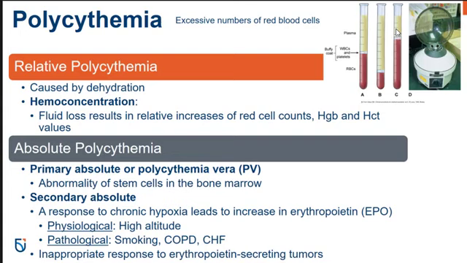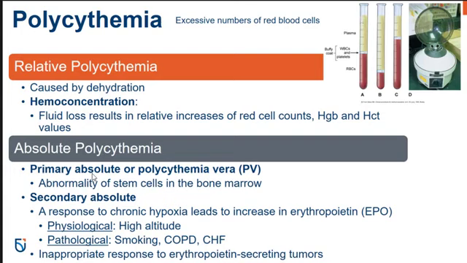It's because there's less of the percentage of your plasma, which makes it appear that there's more red blood cells, but there's not actually really more red blood cells that are being produced. So this occurs in states of dehydration, and that's why it's called relative polycythemia. So if you fix the fluid loss problem, then it will return the person to that normal ratio of plasma to red blood cells, or plasma to formed elements.